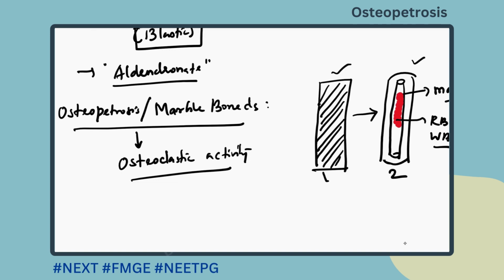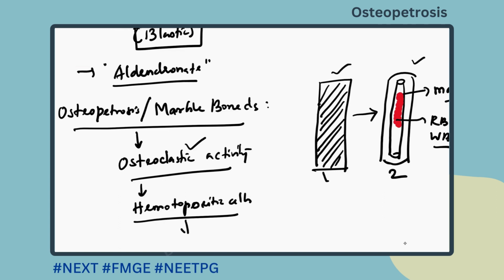So for this, osteoclastic activity is important. If osteoclast doesn't function, this formation will not happen. Then the bone will become completely without a marrow cavity. So when the marrow cavity is not there, hematopoietic cell production is not there. Hematopoietic cells are not produced.